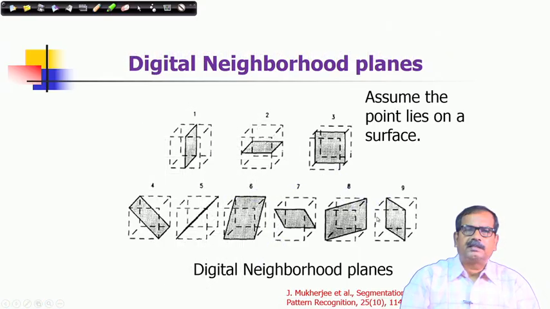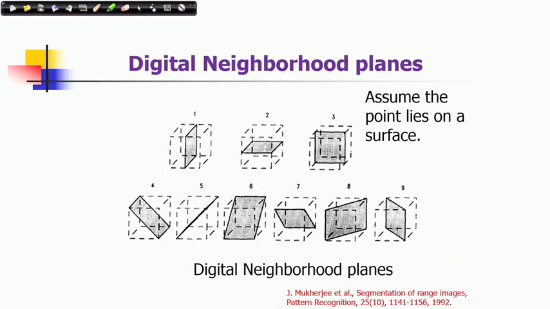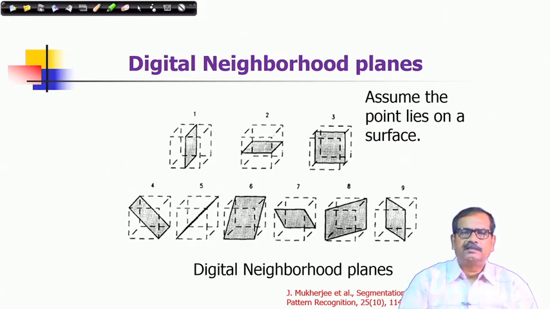Now, let me define what is meant by digital neighborhood planes. We assume that the point lies on a surface, then the neighboring points should also be lying on some of the neighboring planes. They are defined in these directions, in these configurations. Mostly if it is a planar face, in the discrete orientations, you expect those points to lie in one of those planes.